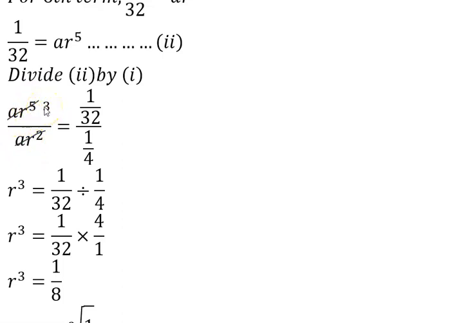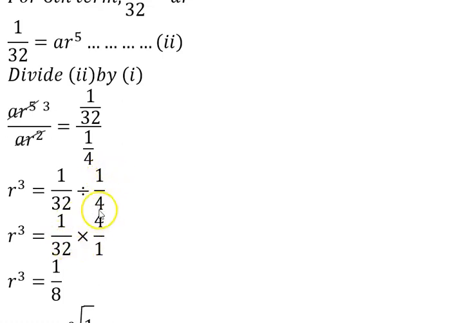Awesome. So we are left with 1 over 32 divided by 1 over 4. We are still doing the same thing here. But if we change this division sign to multiplication, the denominator here will change to the numerator, and the numerator will change to the denominator.